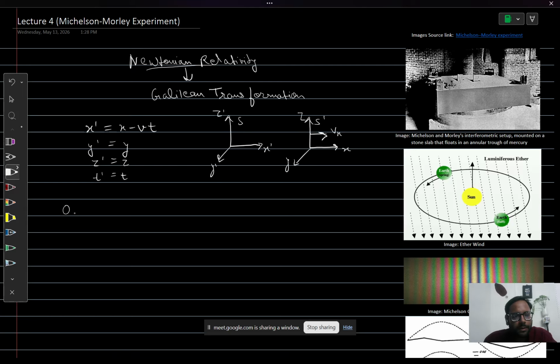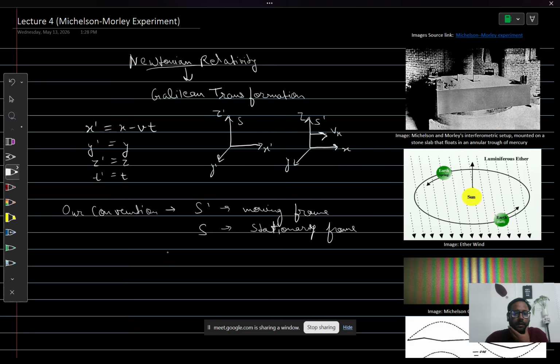But our convention to remove the confusion will always be to consider S prime as the moving frame and S as the stationary frame, always. This should be the convention.